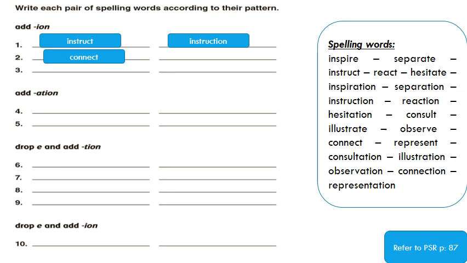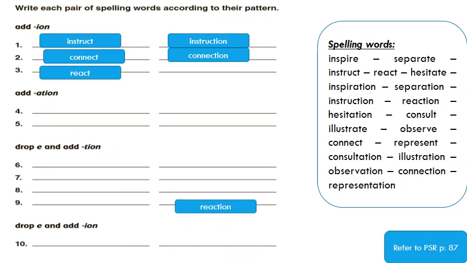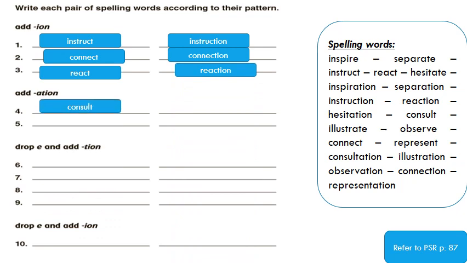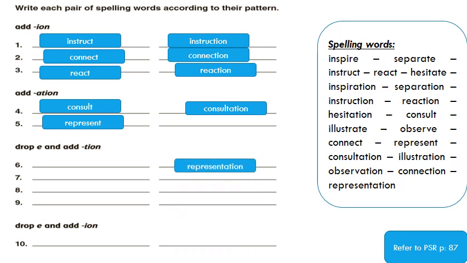Connect is in the same group. I have to just add ion, connection. React, also I just add ion, reaction. As we said here, in consult I have to add ation. Then I have another example with ation, which is represent. It becomes representation.